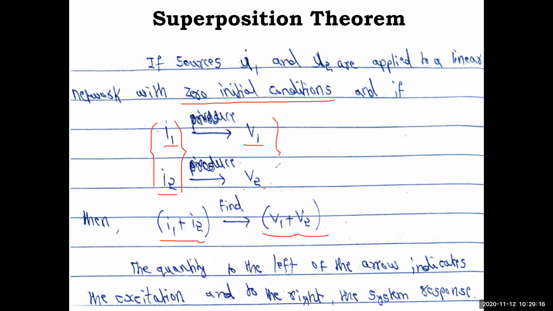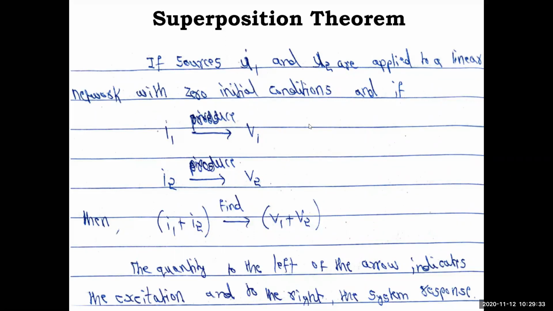It's joint performance. So this is the law of superposition. The quantity to the left of the arrow indicates the excitation and to the right is the system response. This is just a concept I am explaining here. Now we'll see the theorem and how it is defined.